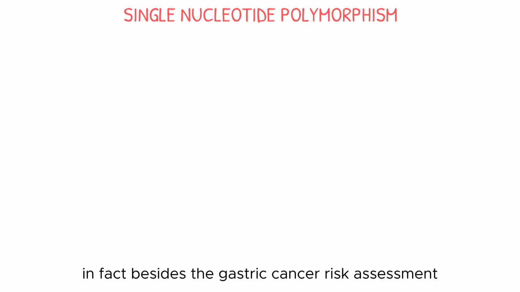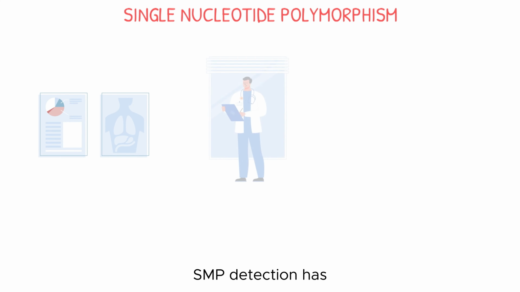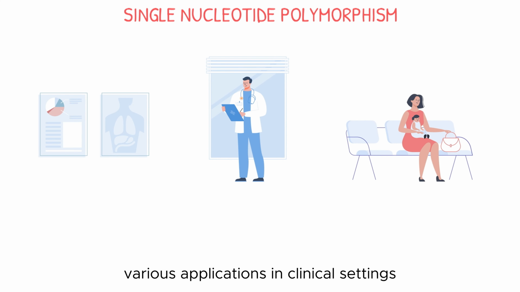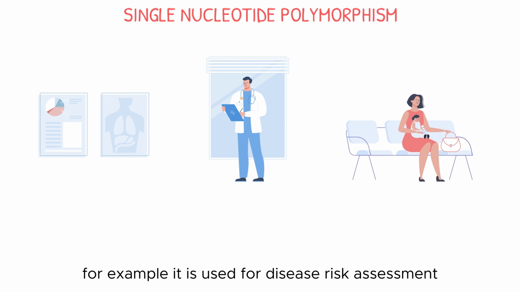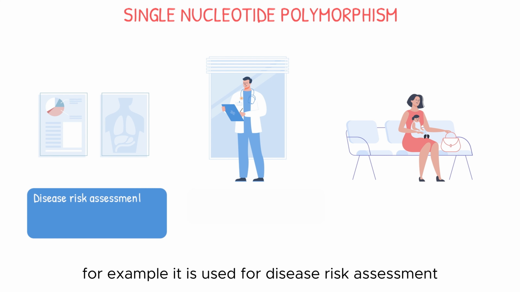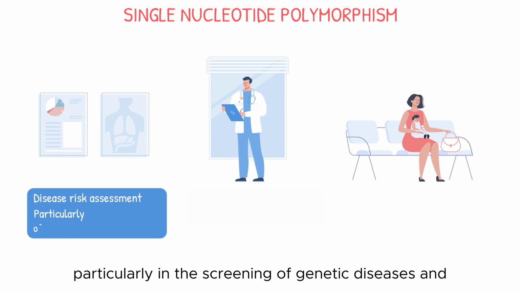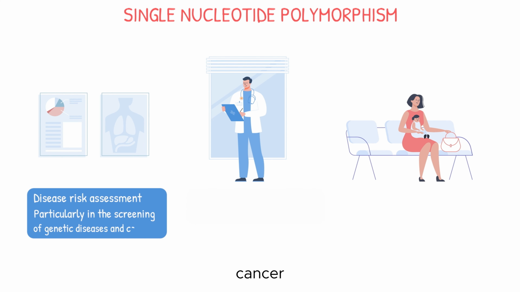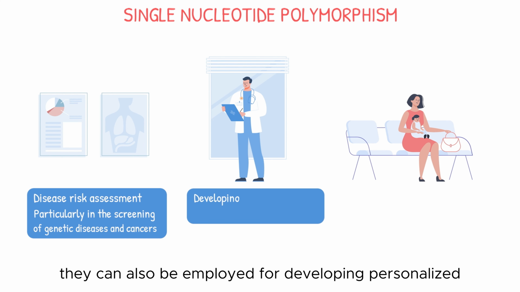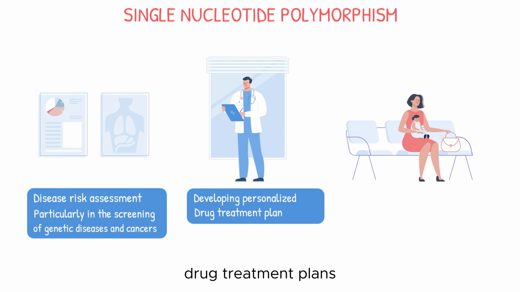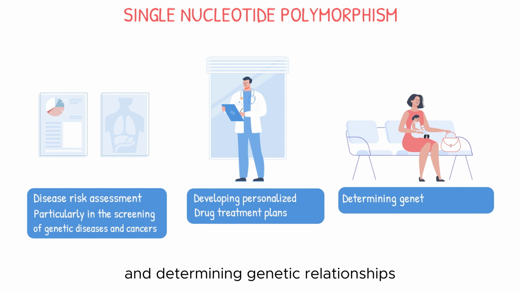In fact, besides the gastric cancer risk assessment we have been discussing, SNP detection has various applications in clinical settings. For example, it is used for disease risk assessment, particularly in the screening of genetic diseases and cancer. It can also be employed for developing personalized drug treatment plans and determining genetic relationships.